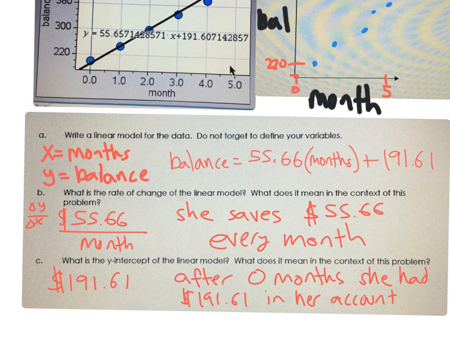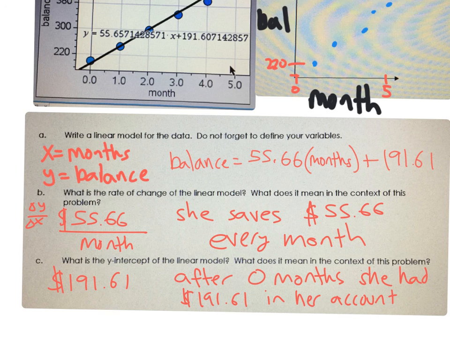Now one thing we should make sure we keep track of is the fact that this is now an approximation. We know from the data, you have the data chart there, we know she's not saving exactly $55.66 a month. This is an about amount.